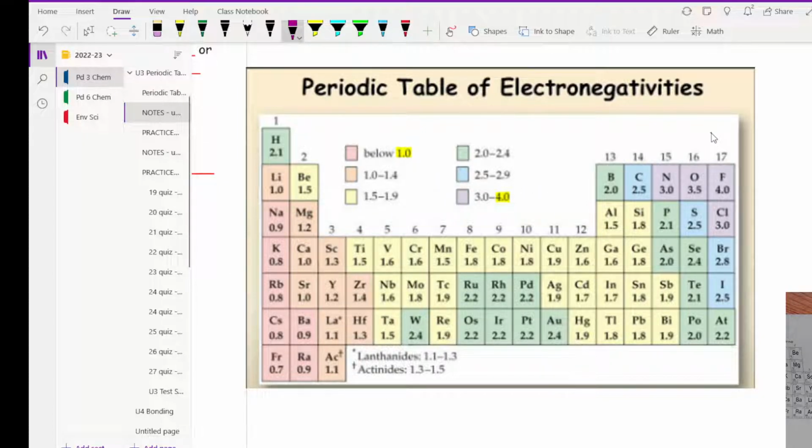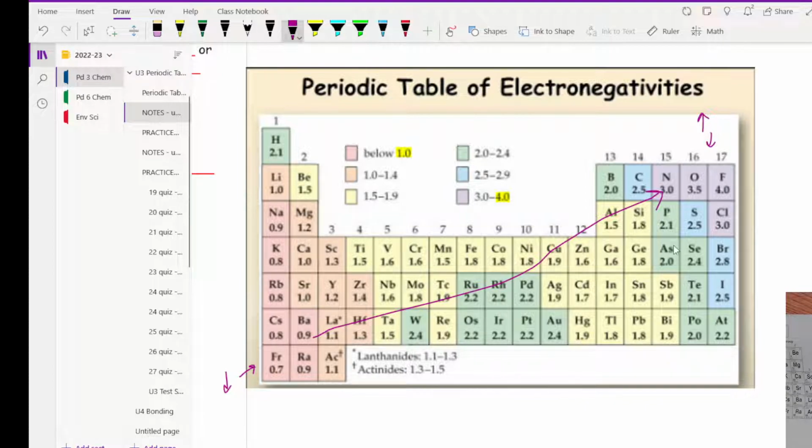So you'll see these purple ones are the corner of the periodic table outside without the noble gases. Noble gases don't have any. Why? Because they have a full octet. So we got our highest electronegativity. And then over here you'll see the pink ones, I'm going to say salmon or pink, and they have our lowest electronegativity. So as you move across and to the right, we have increasing electronegativity.